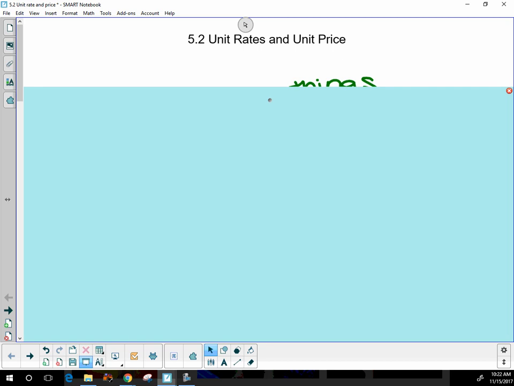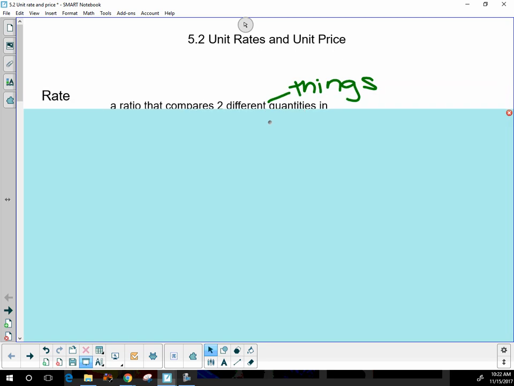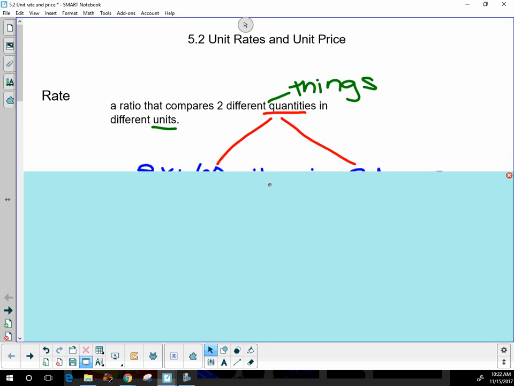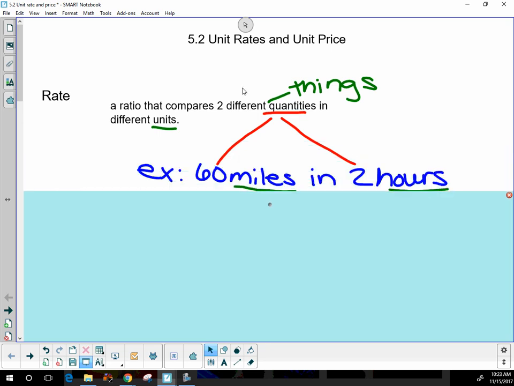We discussed this a little bit in class the other day. We talked about rate. A rate is a ratio that compares two different quantities, two different things, in different units. The most popular and most understandable example is miles per hour. If I drove 60 miles in 2 hours, that's a ratio.